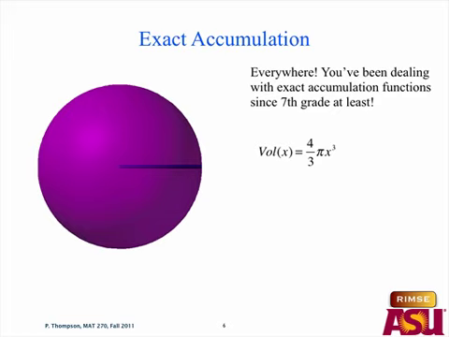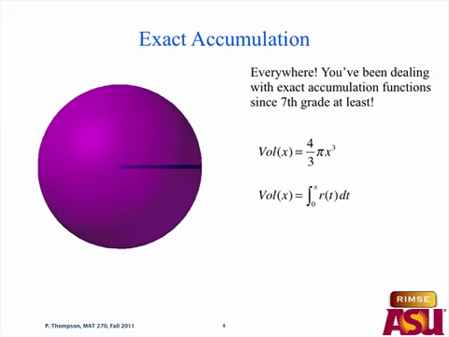As x gets greater, the accumulation increases. Okay, so yeah, we think about the radius increasing. What happens when the radius increases? If you increase the radius a little bit, you add a little bit of volume. Increase it some more, you add a little bit more volume. Okay, so volume is accumulating as radius increases.